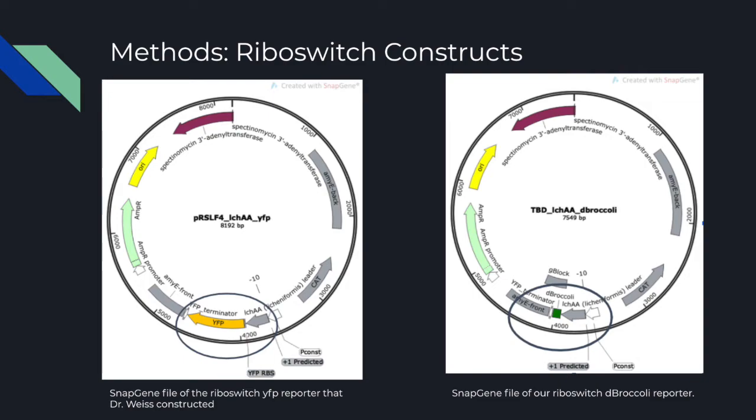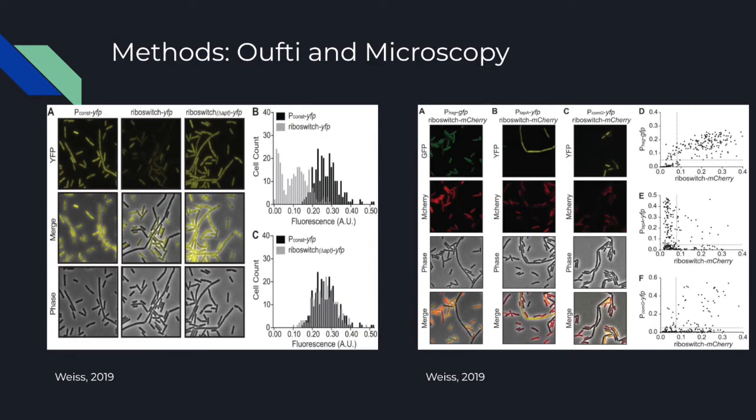Once formed, we replicate our biosensor using PCR and are then able to start inserting it into Bacillus subtilis. Once inserted, our second method takes focus. OFTI and microscopy imaging are the main methods of analyzing and determining the fluorescence intensity within the bacterial cells. An example of this is seen here in these images from Dr. Weiss's lab.